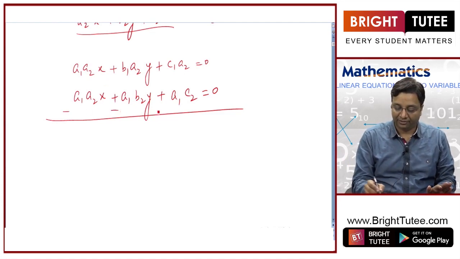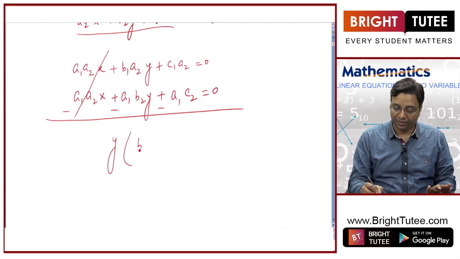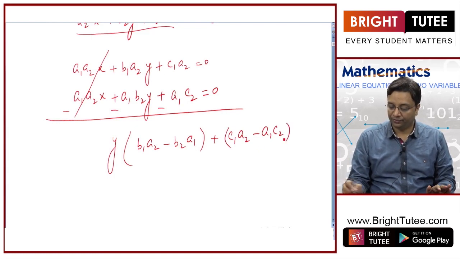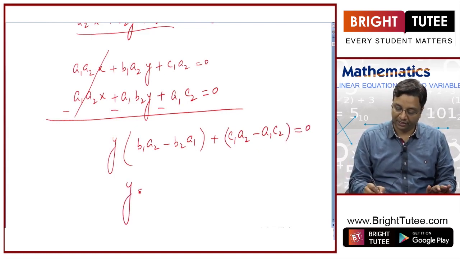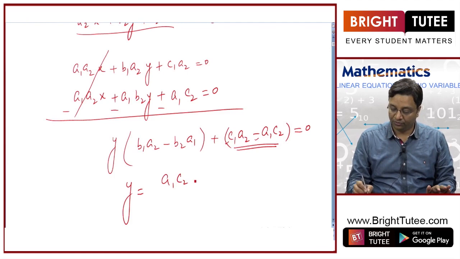Now if I subtract, the x term will cancel out, y common, b1 a2 minus b2 a1, plus c1 a2 minus a1 c2 is equal to 0. Hence y is equal to, if I take it on the other side, this sign will become positive and this sign will become negative. So, it will become a1 c2 minus a2 c1.